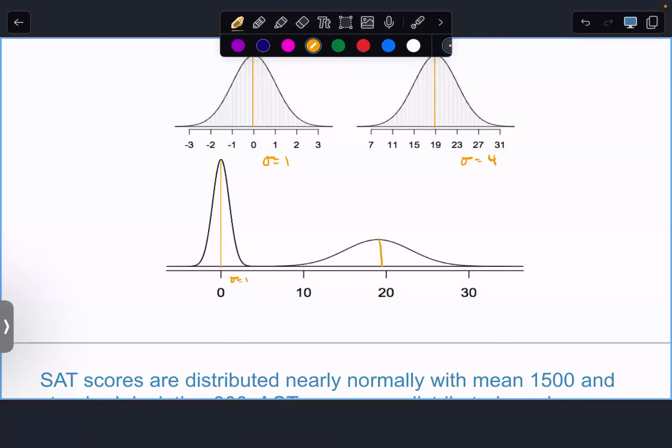And the second one is centered on 19 with a spread of 4. So when they're on the same scale, now the spread of 4 is taking up more space, right? So it's a little bit flatter and a little bit wider, right? More variability. Okay. And so here, more variability.